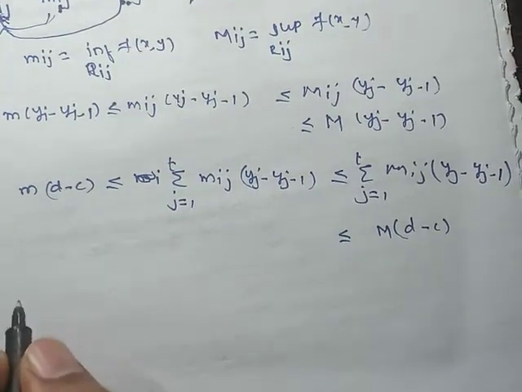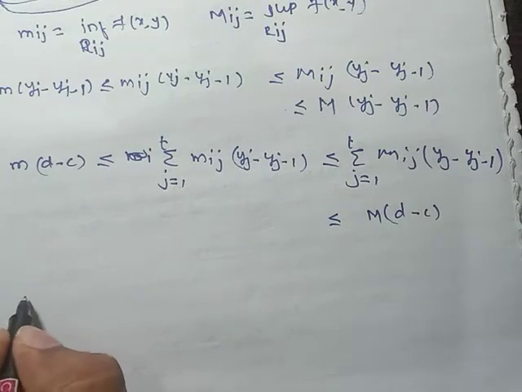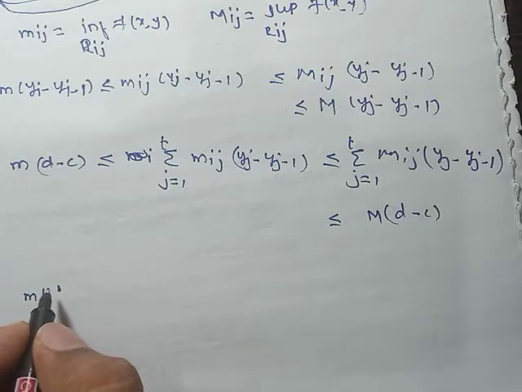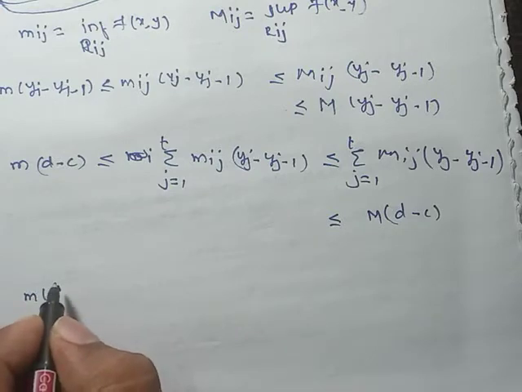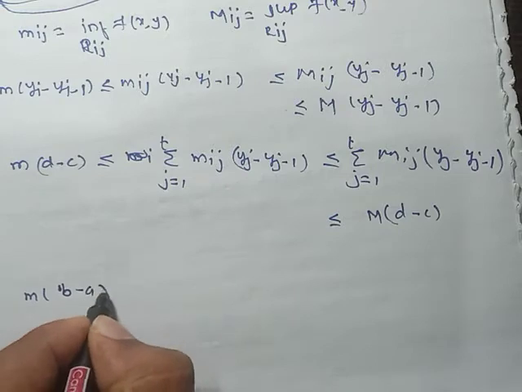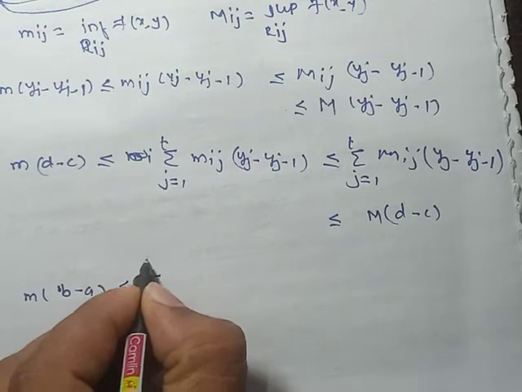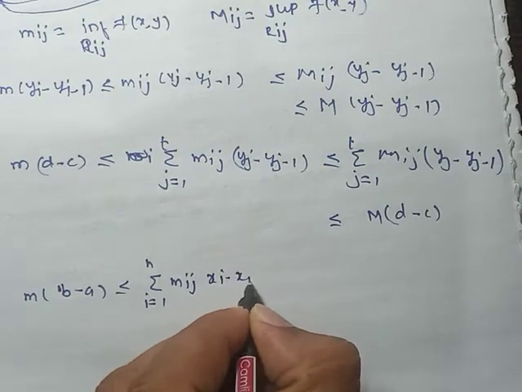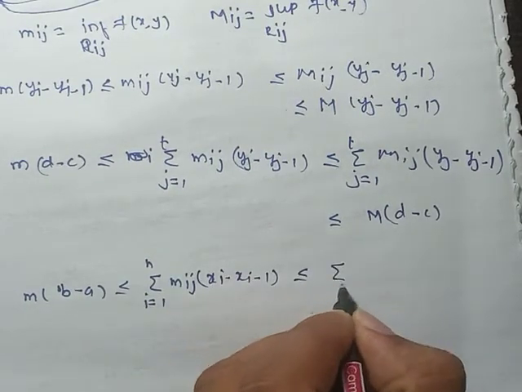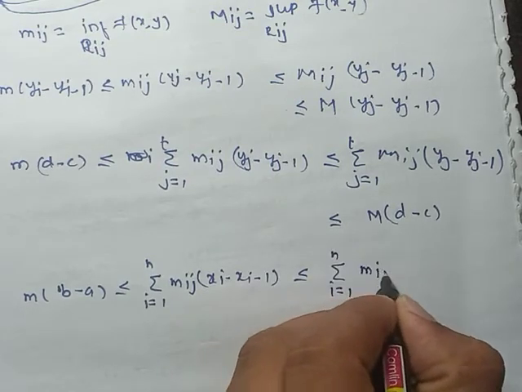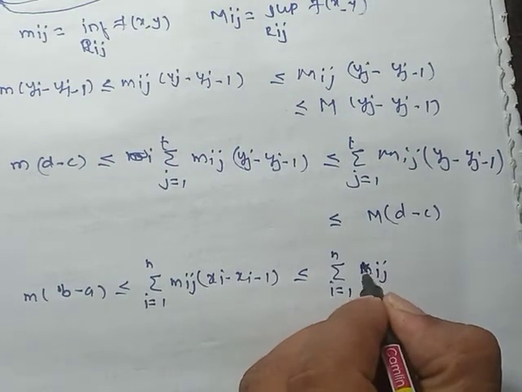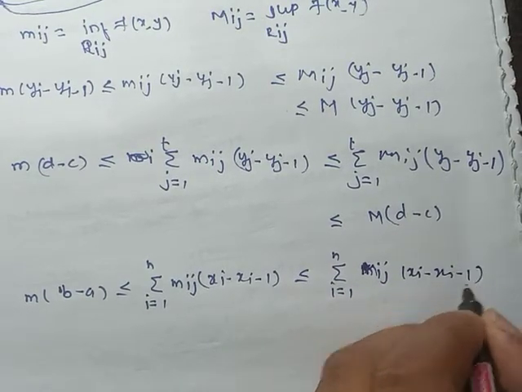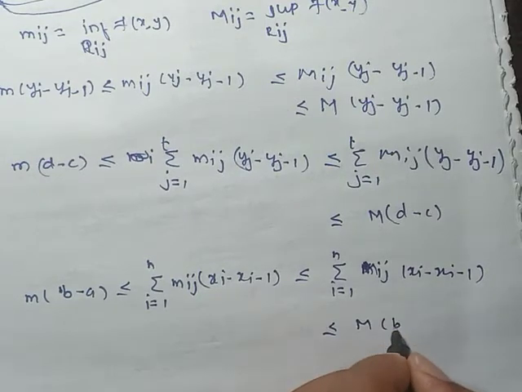So if we apply this for xi also, we get small m into (b minus a), which is less than the summation, i runs from 1 to n, of capital Mij into (xi minus xi minus 1), which is less than capital M into (b minus a).